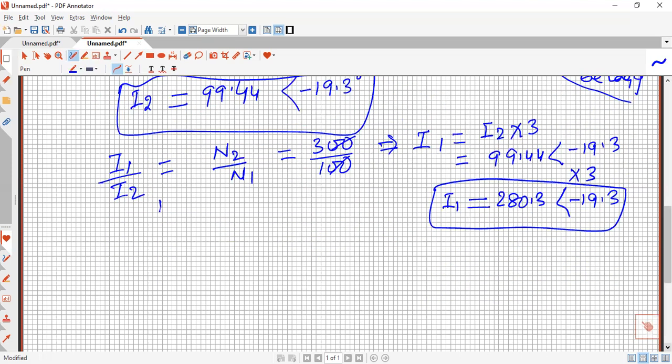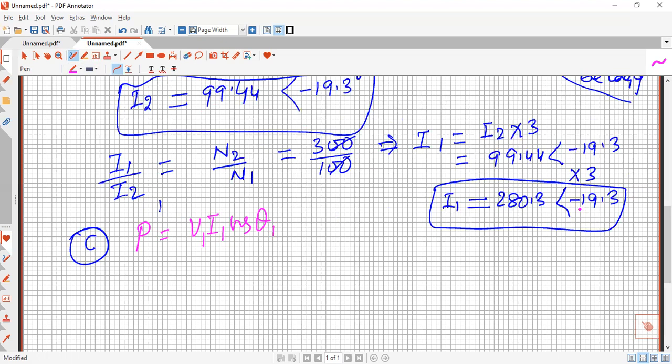Now the very interesting part is coming, part C, the real and reactive power. If we go for the real power, what is the real power? That is P equals VI cos theta. So for primary, V1 I1 cos theta, because the angle on both sides, primary side and secondary side, is the same.